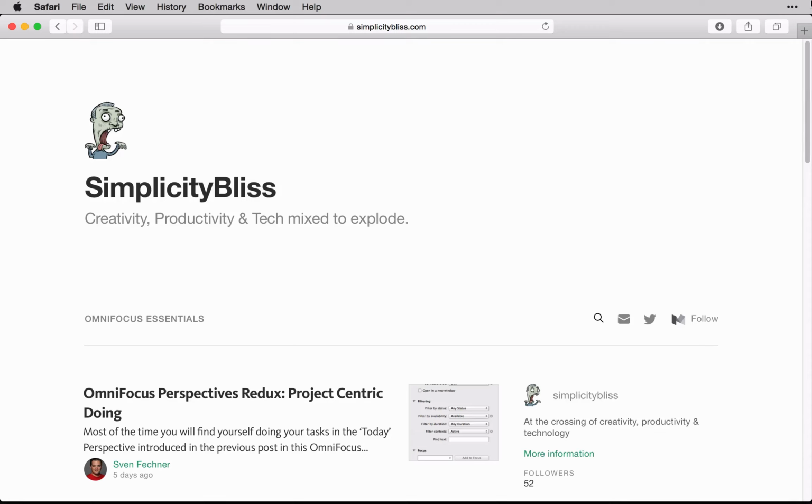So if you get a chance, go take a look at that as well. You can spend a lot of hours going through Sven's website, and this is one that essentially sold me on OmniFocus. Sven is the one that really got me to make that move. I don't think he knows that, but kudos to Sven for introducing me to OmniFocus and giving me the tools to get started in using the program.